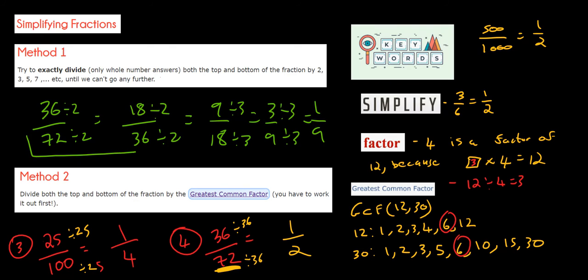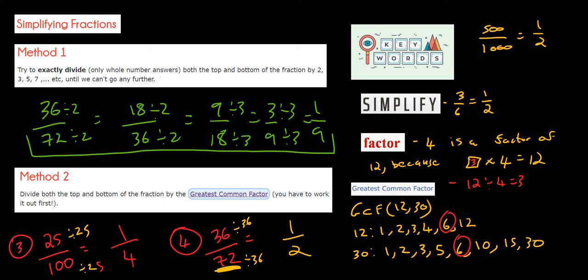Now, you can pause the video and answer this question. How can we use this to find the greatest common factor? Pause the video and have a think about that. Hopefully you've done that now.